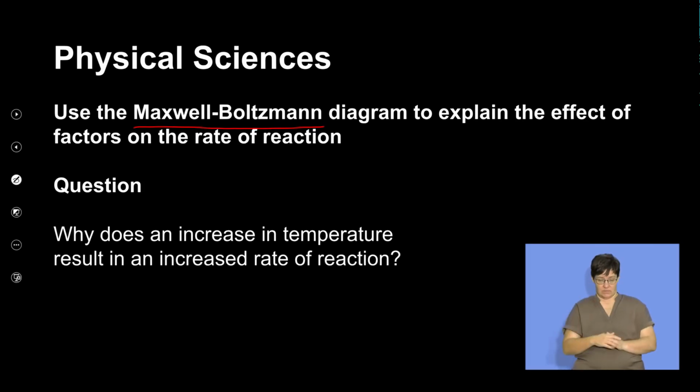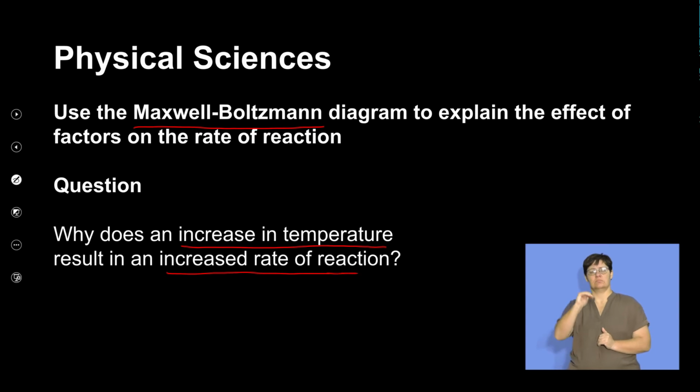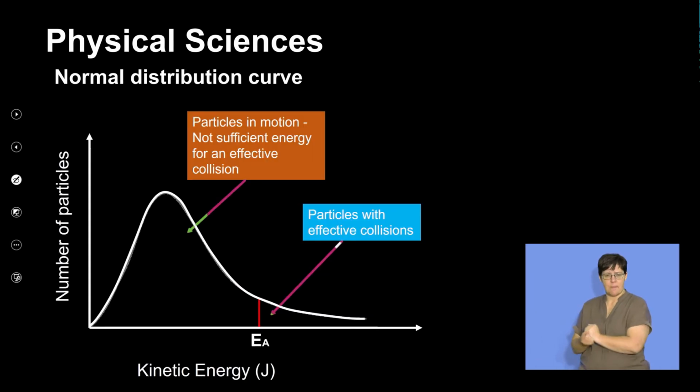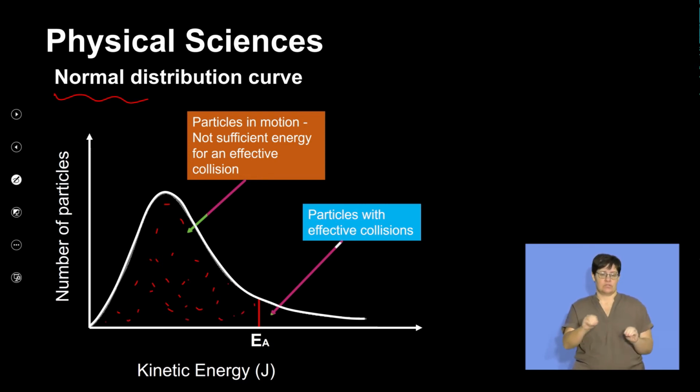The question today is, why does an increase in temperature result in an increased rate of reaction? Now, when we first look at the normal distribution, this is how it will normally look at a particular temperature. As I said last time, all these particles are in motion, and this motion is determined by the temperature that these particles are exposed to.